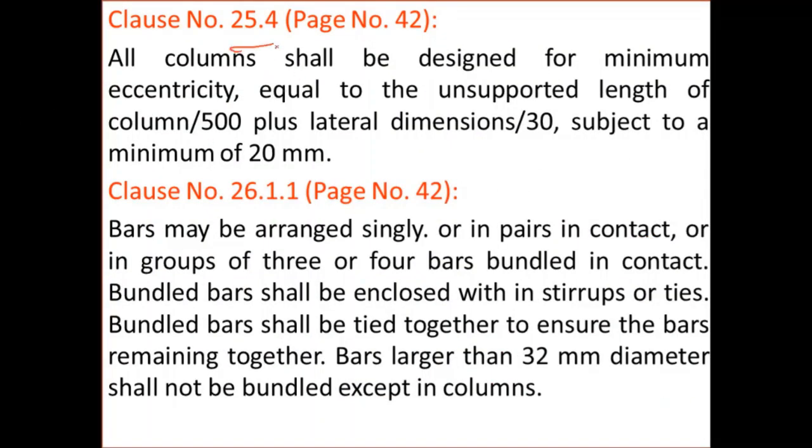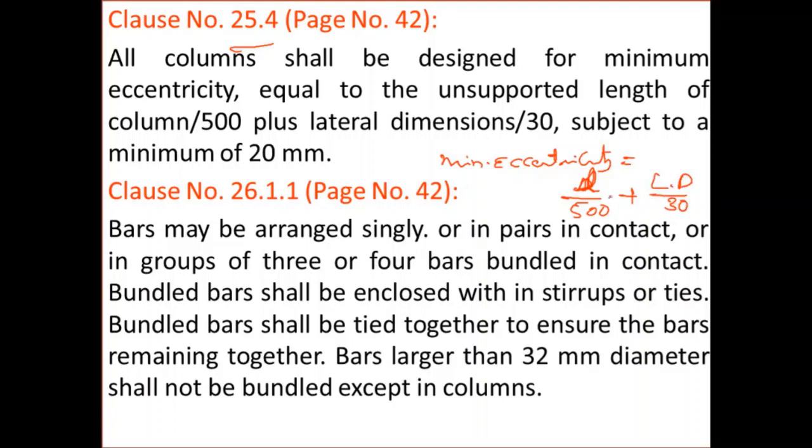Next, clause number 25.4. This clause says that all columns must be designed for the minimum eccentricity. So what is this minimum eccentricity? It is L by 500 plus lateral dimension by 30.